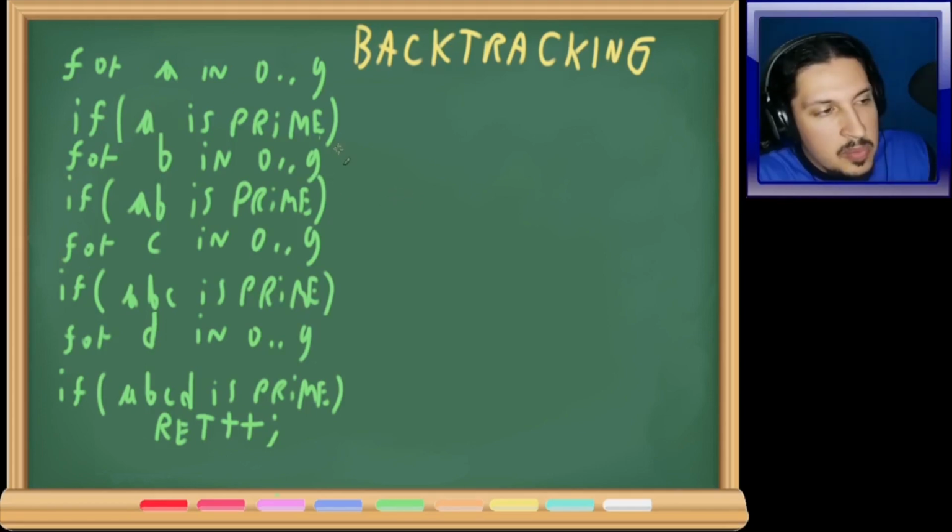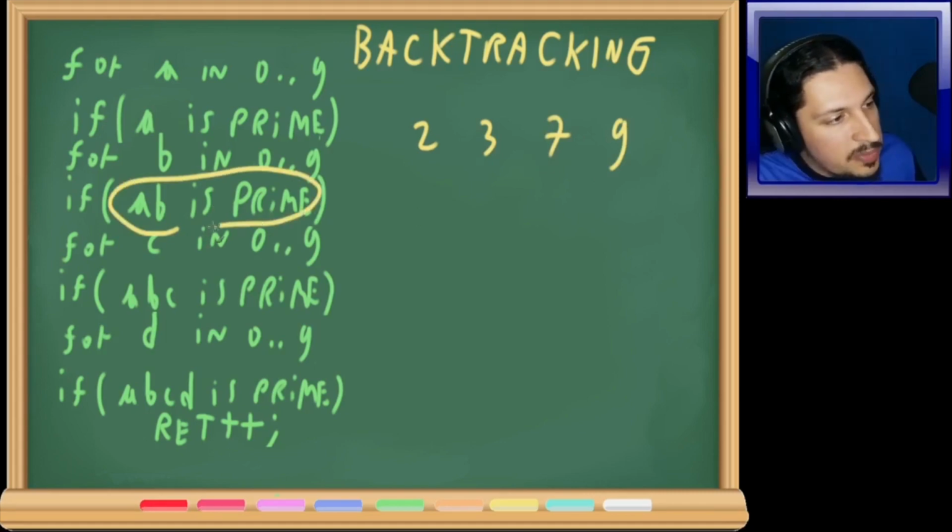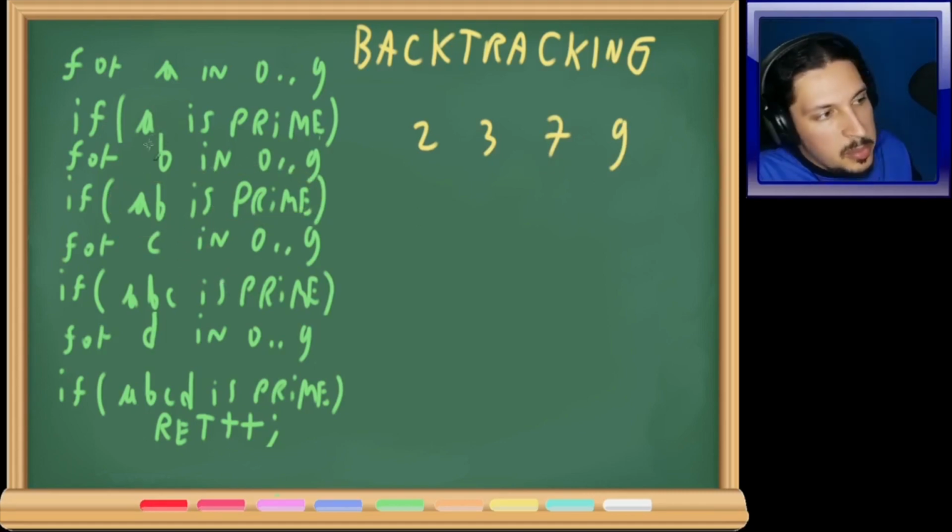Here, for example, we might very easily see that the possible values for A, B, C, and D, when you want to actually pass the following check, are only 2, 3, 7, and 9. Because otherwise the number won't be prime and it will fail the check. Except possibly for the first digit, which might be a 5.